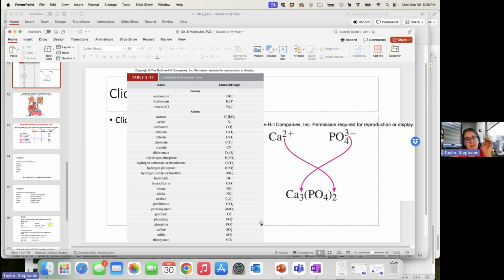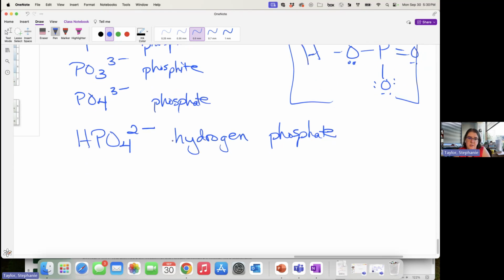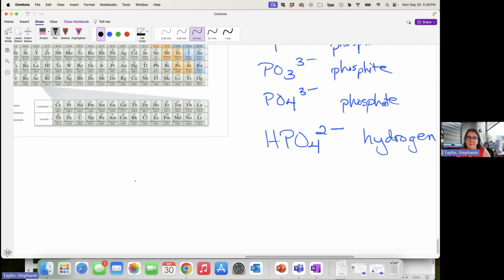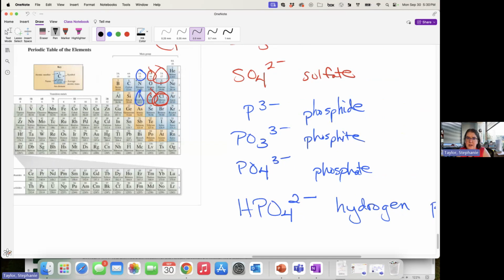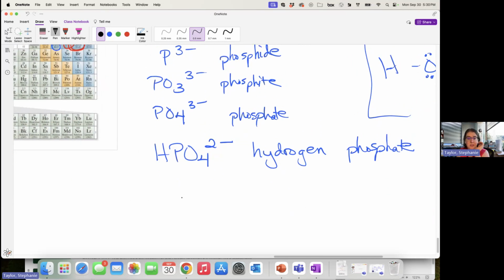The hard thing is that once you find a pattern, there's always something that breaks it, or something that just doesn't fit at all. So we did all these things where all the charges do match. Nitrogen hangs out right above phosphorus. So there's all my phosphorus ones. Here is nitrite with a -1 charge. Here is nitrate with a -1 charge.